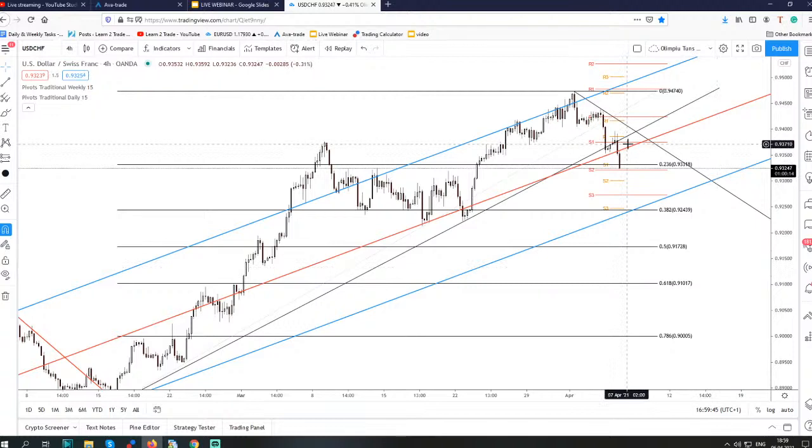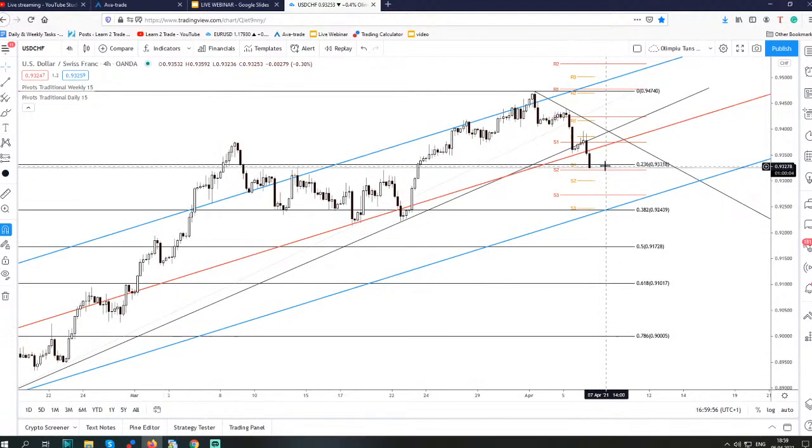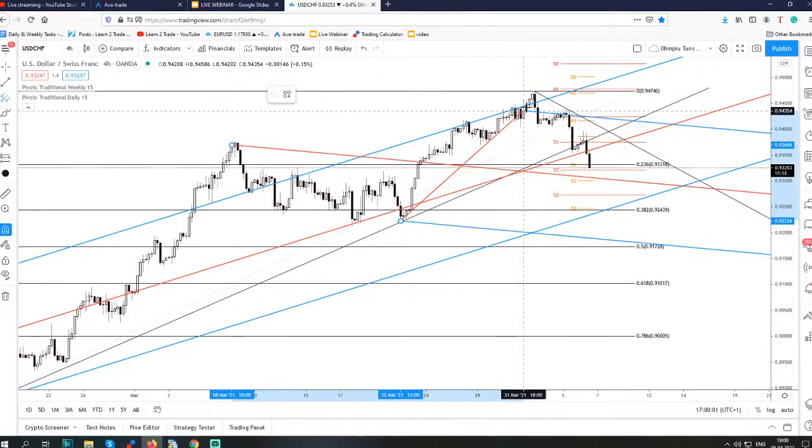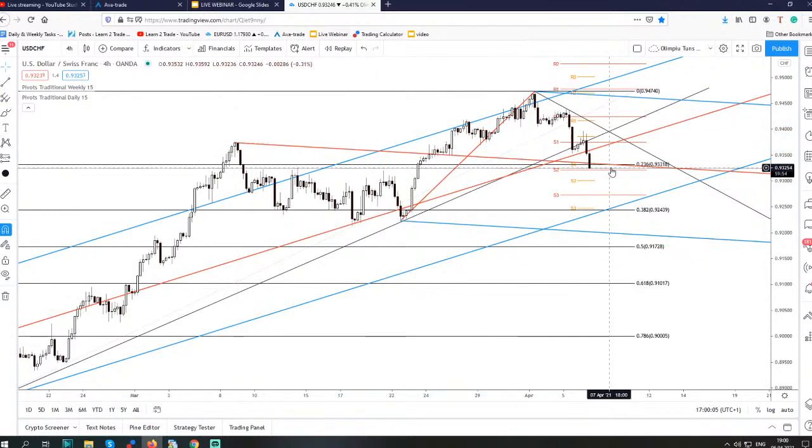Now the price is trading below the medium line and it could continue lower towards 38.2, towards the lower medium line, if it will stabilize right below 23.6. And also, guys, as I've told you, right below the medium line here.